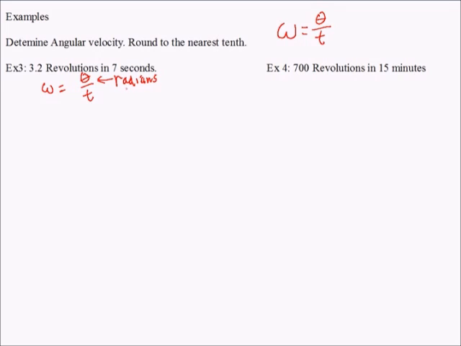So the first step, step 1, is to convert this into radians. So we would need to do 3.2 times 2 pi, because we need radians here. And that's going to give us, and you don't have to do this, I'm just doing this as a mathematician, simplifying things, 6.4 pi.